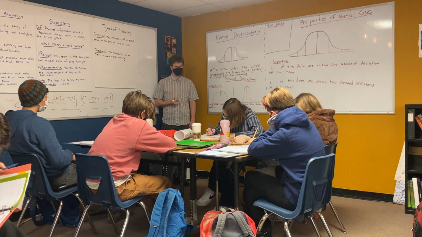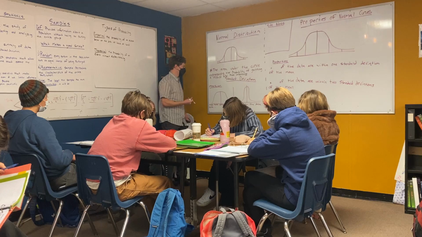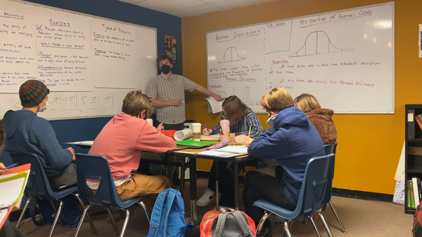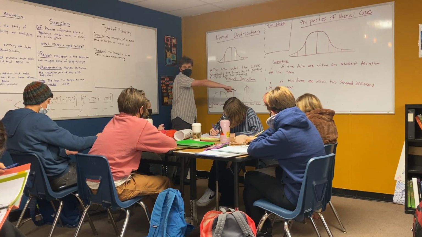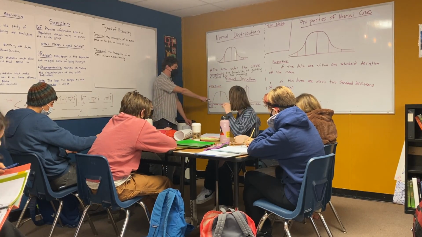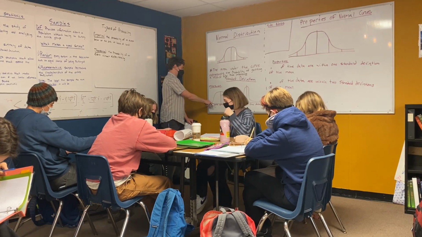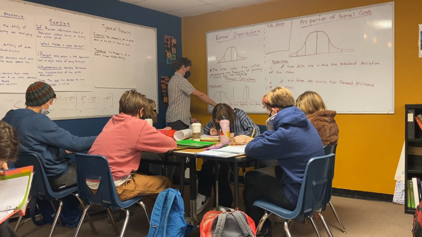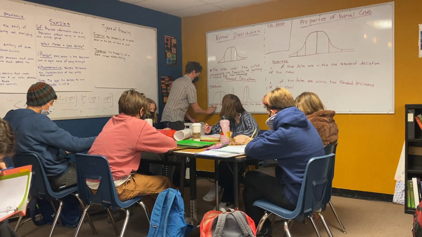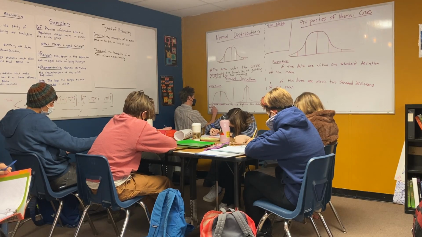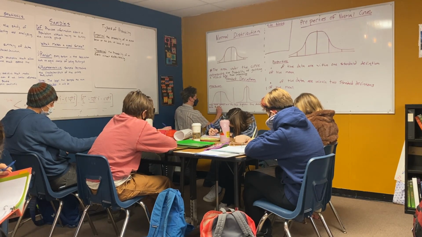So if I have a really fat bell curve like this, go ahead and draw these two bell curves. If I have a really fat one, the thing that tells me is the more widespread the data is, or the more spread out the data is, the fatter the bell curve.